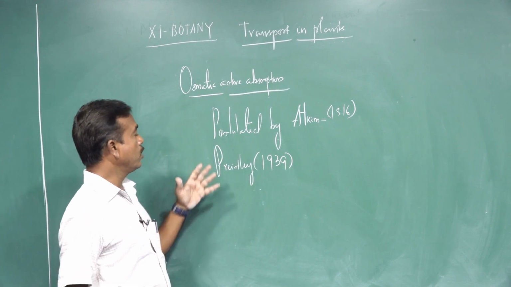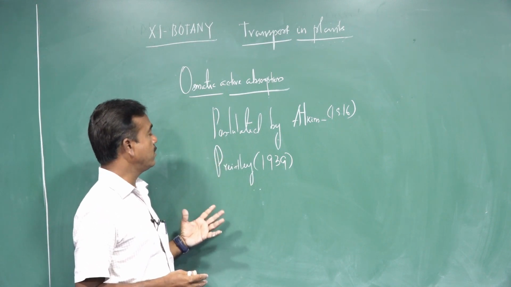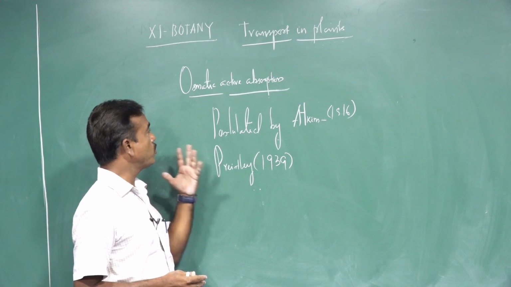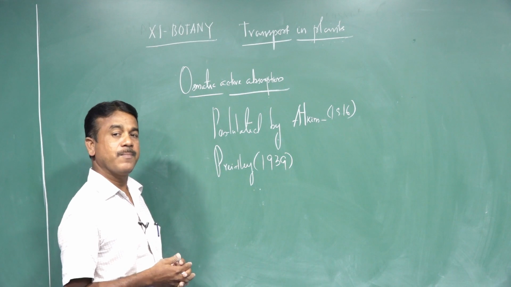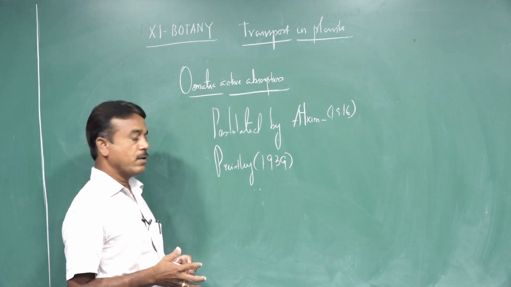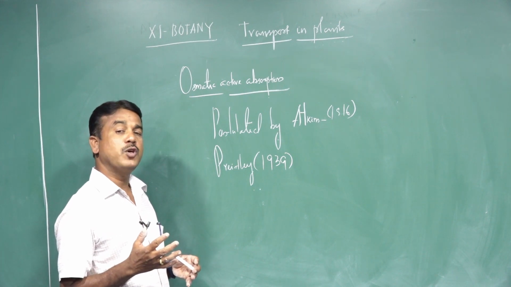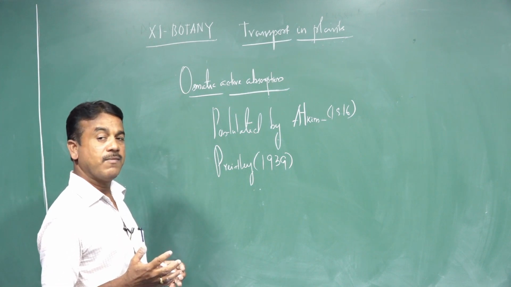What those two scientists postulated in the osmotic active theory is commonly called the first steps of absorption of water from soil water.